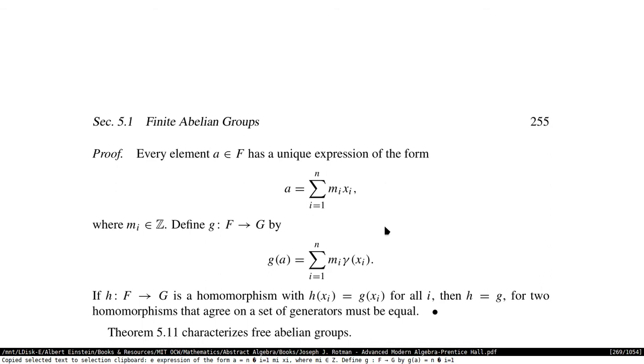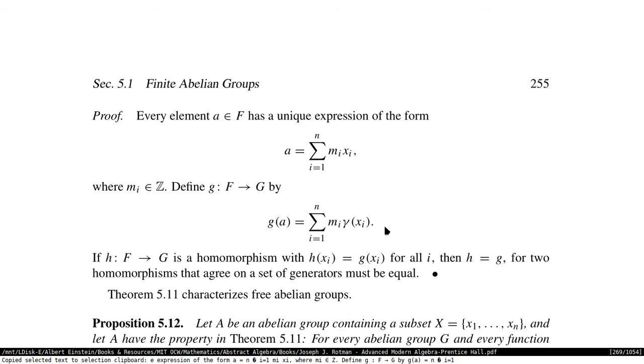But here you're not taking things from any field. You're taking it from Z, so you have mi as integers. Now you define g, which does the same, but instead of xi, it does mi times gamma of xi, right?